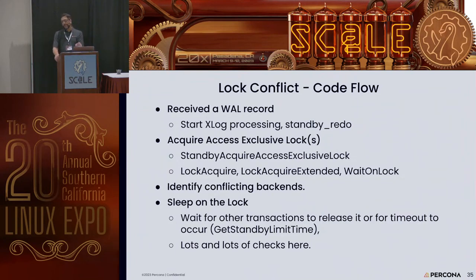Then it finds out that there are other backends holding locks, so it identifies those backends and gets their PIDs. It then waits based on the max streaming delay option, and after that, it's going to ask all of those backends still holding the locks to terminate.